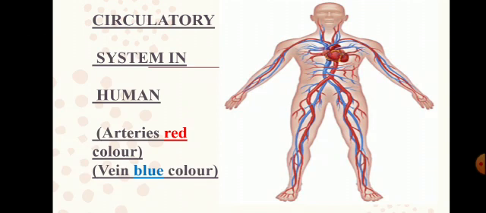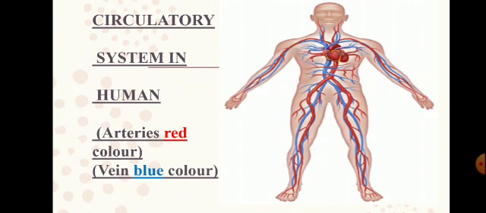The main artery, for example the aorta, is connected to the left ventricle of the heart. You will study it briefly next class. It carries oxygenated blood from the left ventricle to all parts of the body except the lungs.